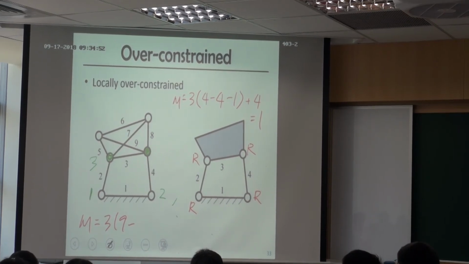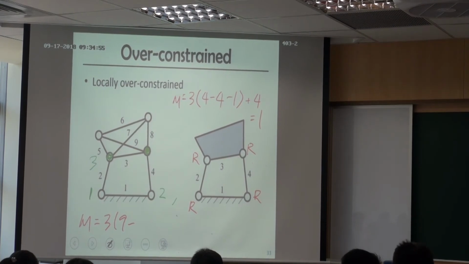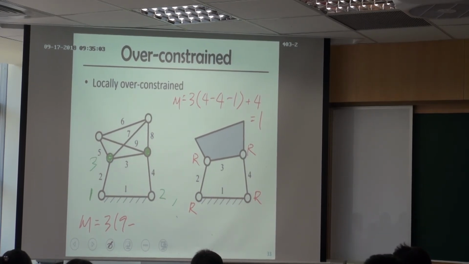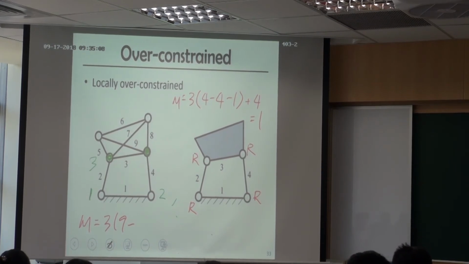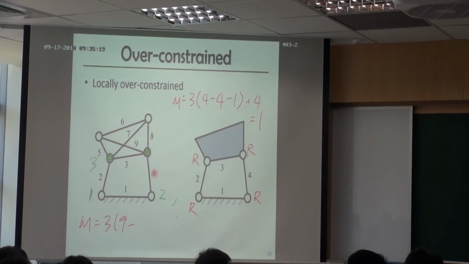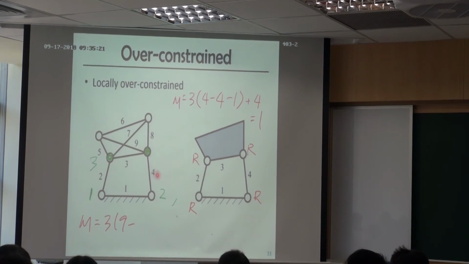So we need to define 4 and 3 with 1 joint, another joint to define 4 and 9, and another joint to define 4 and 8. So there should be 3 joints here.